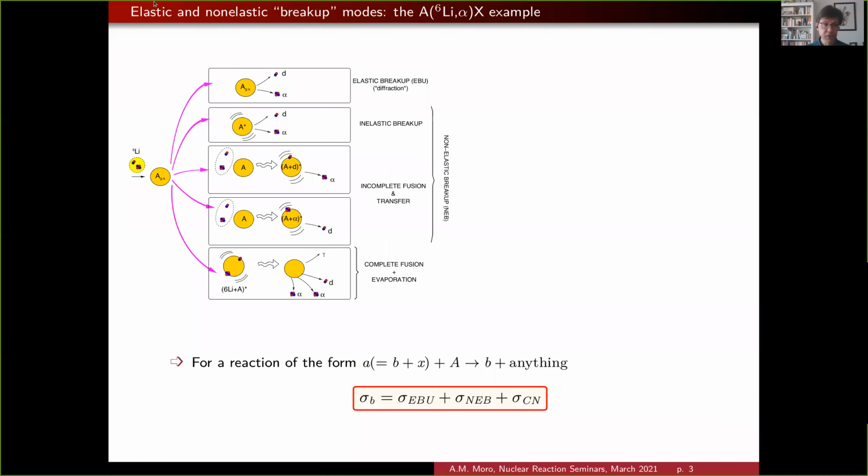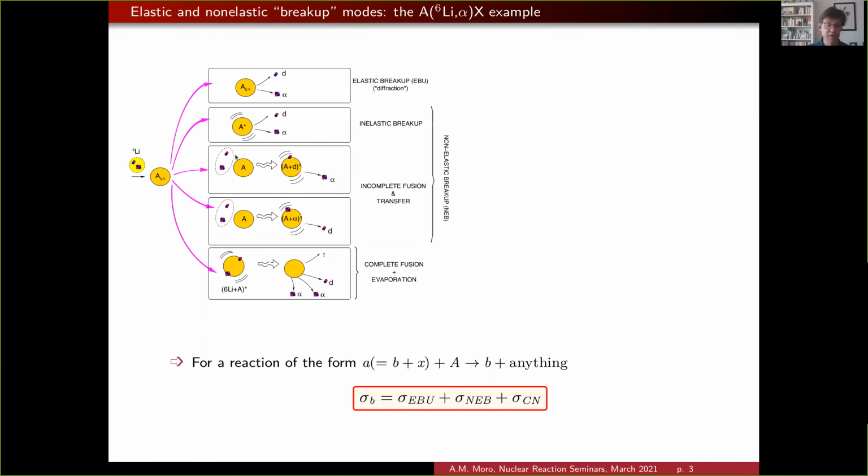In addition to this elastic breakup mode, there are obviously other contributions that we cannot isolate in an inclusive measurement. One is simply the target excitation. So the proton and the neutron are not captured, but the target may be excited. Then there are processes in which, for example, one of the two fragments is captured by the target. This is an example for lithium-6, but we can imagine a similar situation for deuterium.